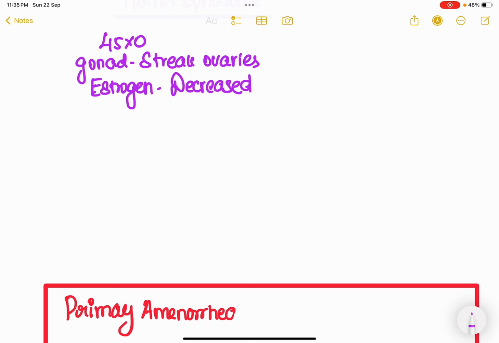Since the estrogen is decreased, the negative feedback it has on FSH and LH is lost, because the estrogen level itself is decreased. Therefore the FSH and LH are going to increase. So FSH and LH are increased and estrogen is decreased.